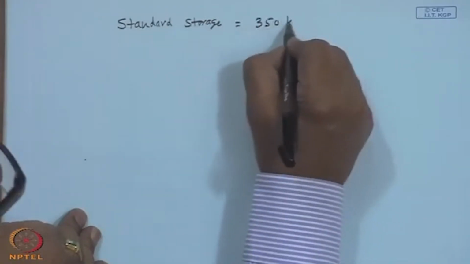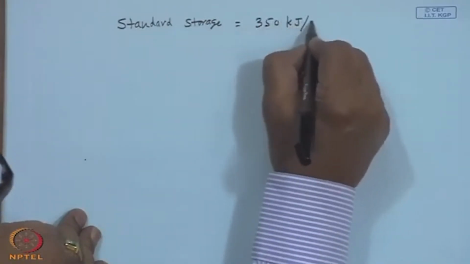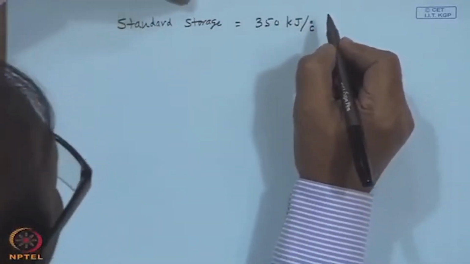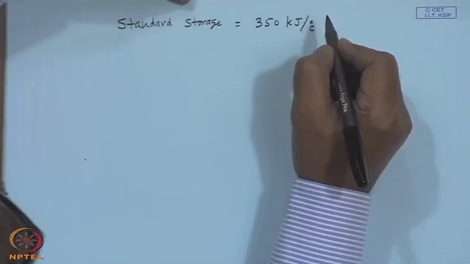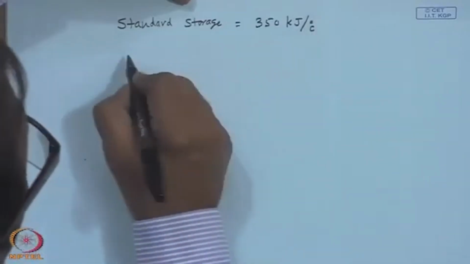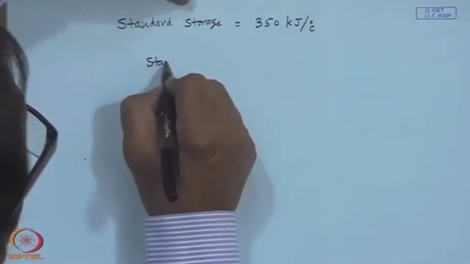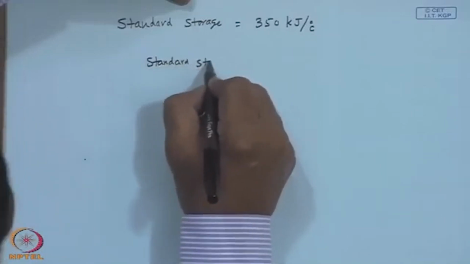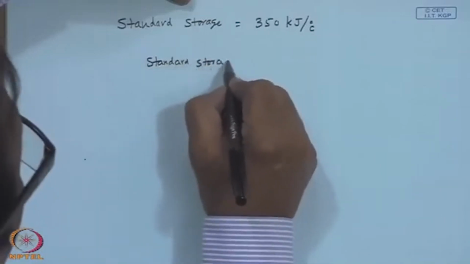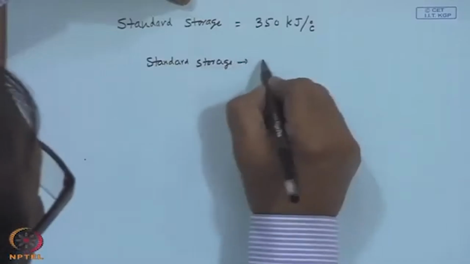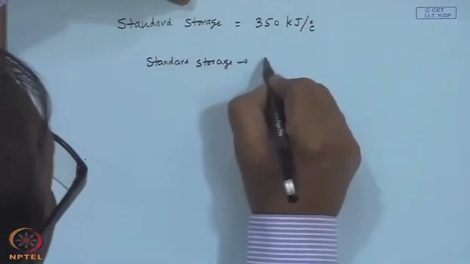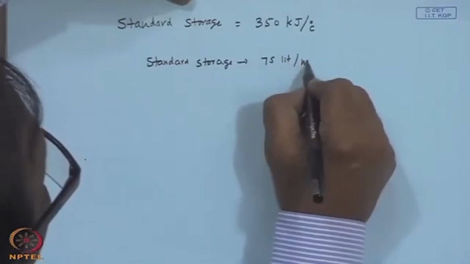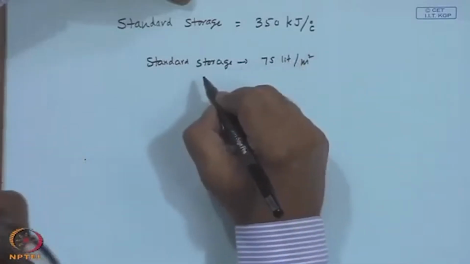350 kilojoules per degree C. Now, in the case of liquid based systems, previously in the case of F chart correlation, standard storage is considered to be 75 liters of water per meter square of the collector area.